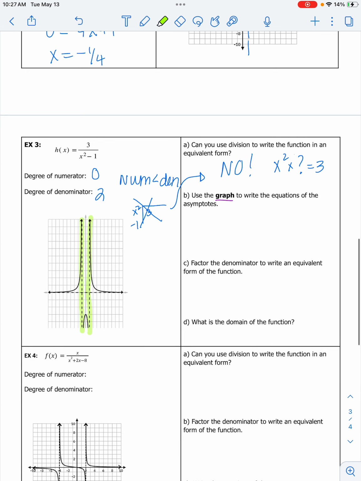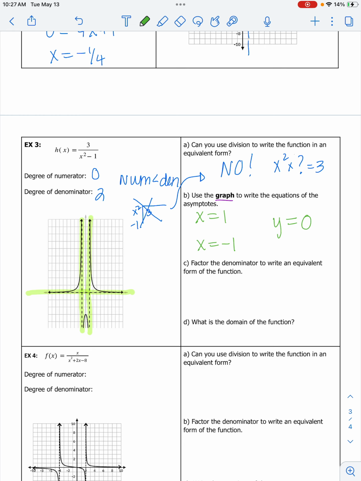So those are two of our asymptotes: x equals 1, x equals -1. We also have another dotted line at y equals 0. So this time we have two vertical asymptotes and one horizontal asymptote.